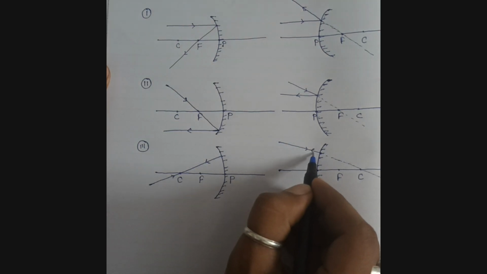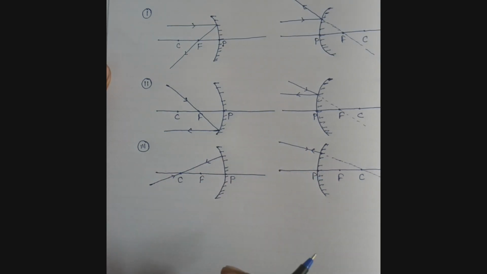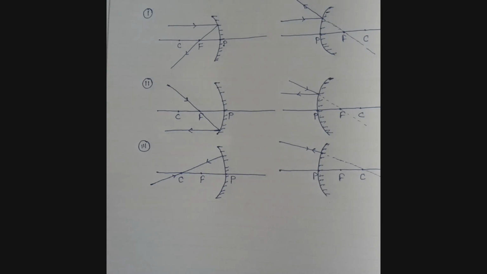It reflects back on the same path without getting diverged. So these are the few rules that we have to understand, and with the help of these rules we will be doing the image formation in the case of spherical mirrors, that is, concave and convex mirrors.